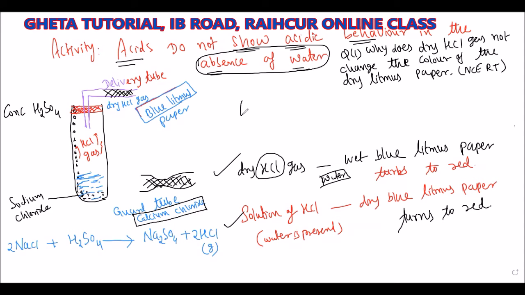Why? Because there is no presence of water. Okay, that is true. But what is the requirement of the water here? The acid will not dissociate into its ions. That is important. HCl will be dissociated to form the H plus ion only in the presence of water. But here the water is not present, so the HCl will not dissociate.